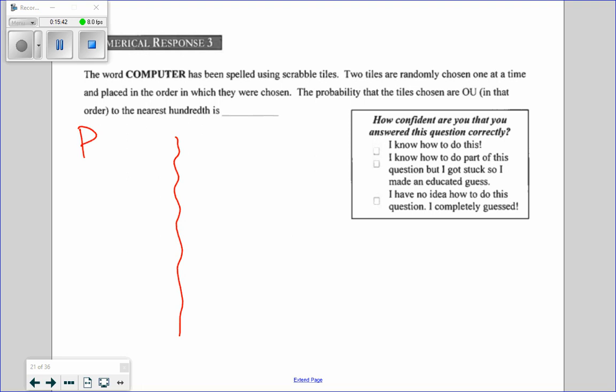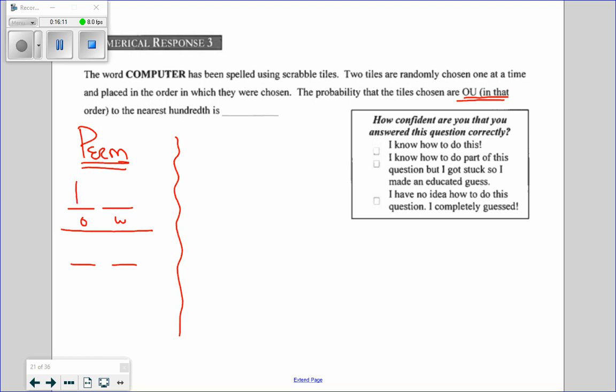If you want to do this as a permutation question, the reason why it's a permutation and not a combination is because the order of the letters matters, right? Order is important. So if you're going to do this as a permutation, you've got 2 blanks for the top, 2 blanks for the bottom, because you're only picking 2 tiles. How many O's are there in the word computer?